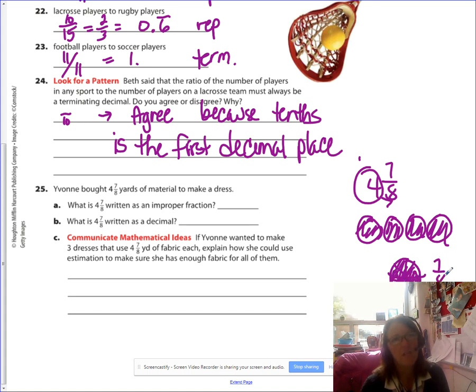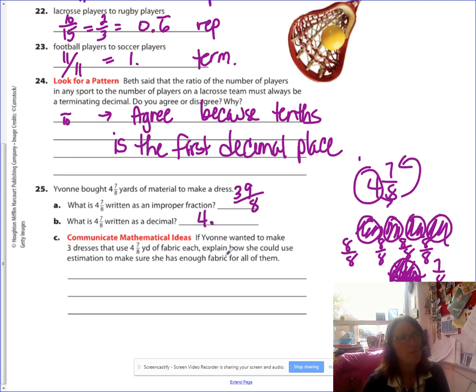So this is the 7/8. These are each 8/8, 8/8, 8/8, 8/8. That's 32 plus 7 more. 39/8. As a decimal, you can leave the whole number out front, and then 7/8 is 0.875.